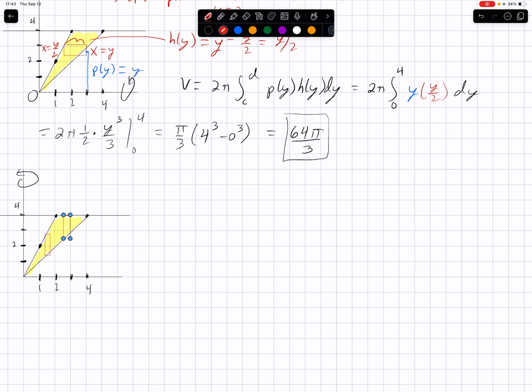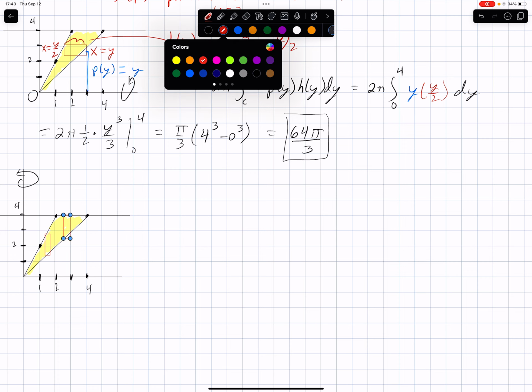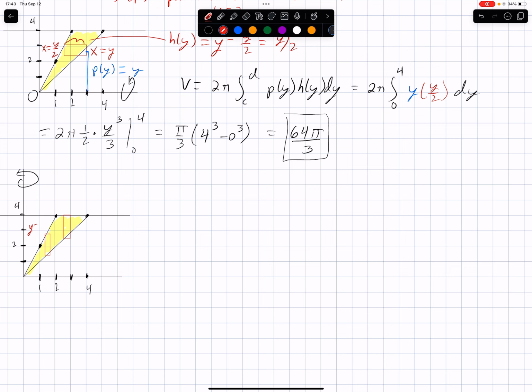If you're to the left a little bit, your upper function is y equals 2x. And if you're a little bit further to the right, then it's actually y equals 4. The lower function is always y equals x, the identity. And so we change functions at 2. So we have a region 1, and we have a region 2.